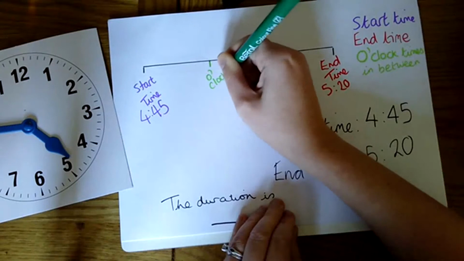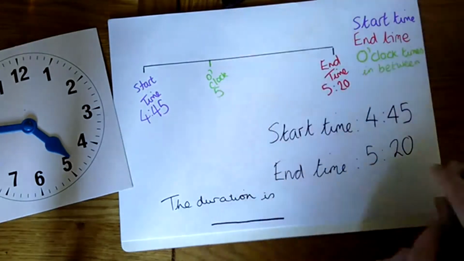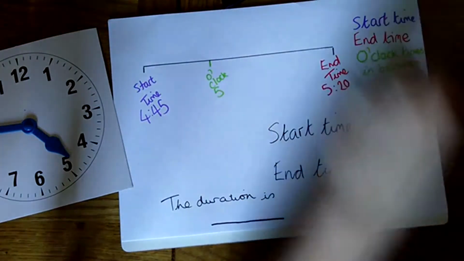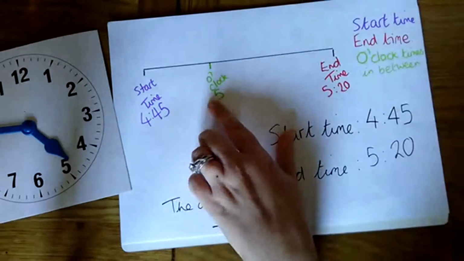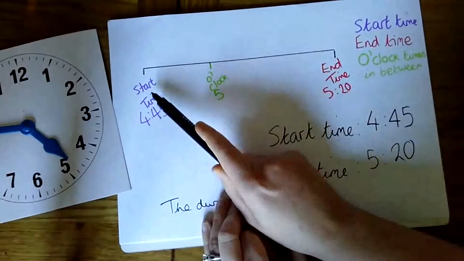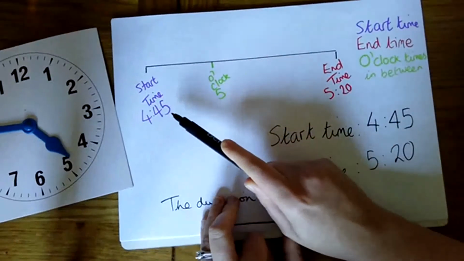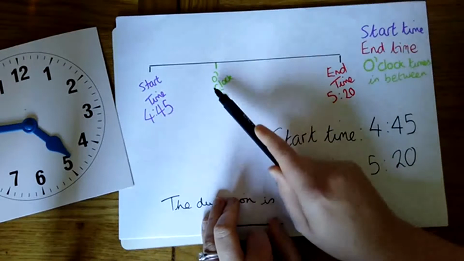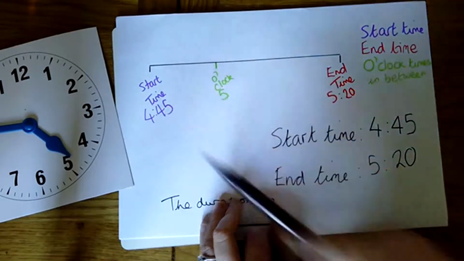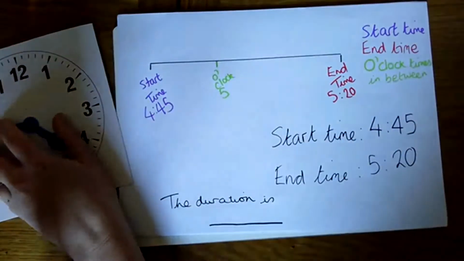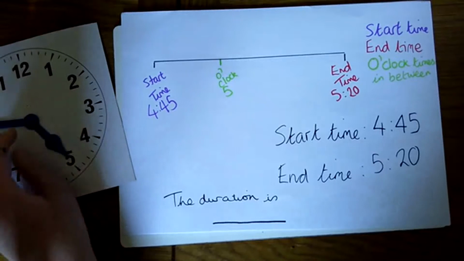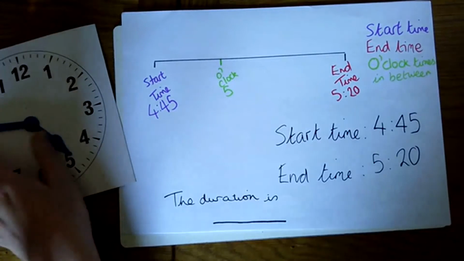So my o'clock is 5. This is my little staging post. How many minutes is it to get from here to here? So how many minutes pass from 4:45 until 5 o'clock?